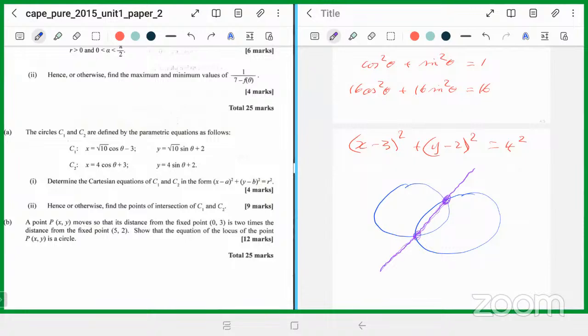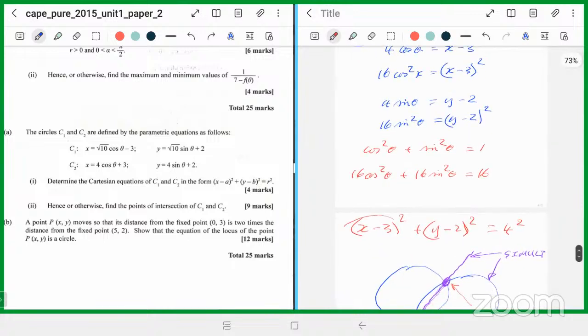Then after you subtract them and get that line, you solve the line and one of the circles simultaneously, and that will take you down to the 2 points there. So remember, to solve the simultaneous equation of 2 circles, expand them out in the general form first. This is called the standard form.